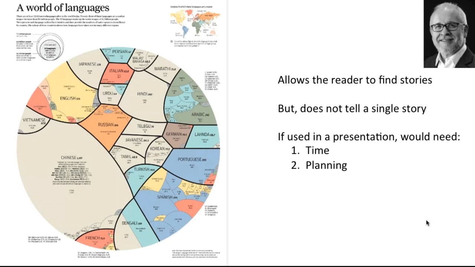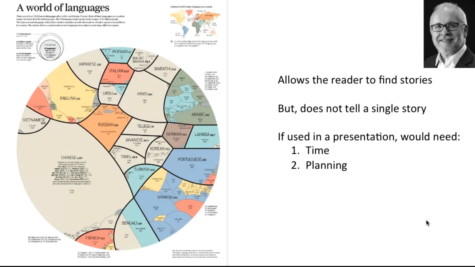Now, there are all sorts of scopes for arguments about the numbers within some of these, and what do you mean by first language, and is it appropriate to group together all of those versions of Chinese when we're counting some other languages like Spanish and Italian as separate languages, which have bigger differences. That doesn't really matter. What we've got is a very impactful thing that's passing the message that the person who produced it wanted to pass. However, this is an infographic that allows the reader to find a story.